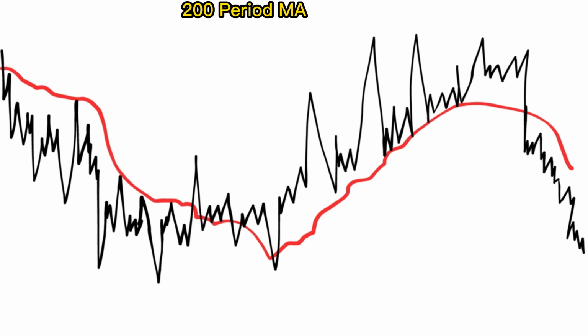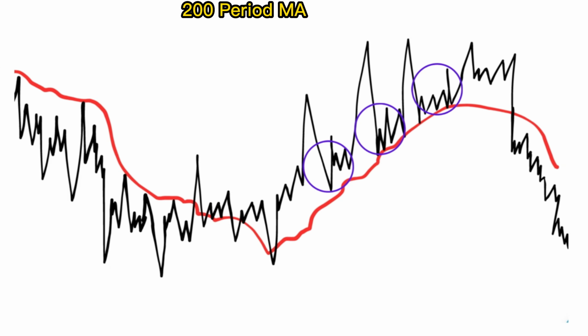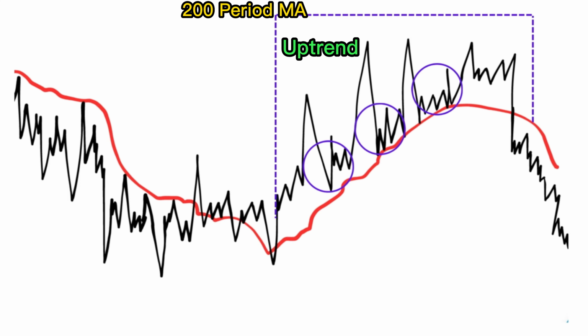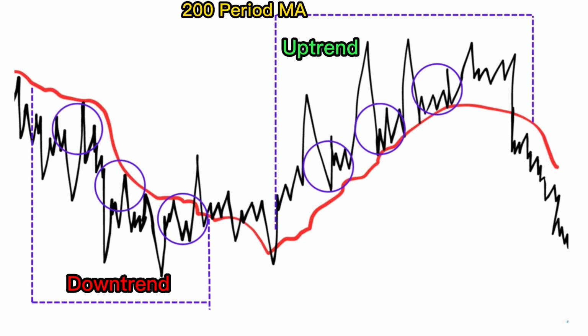Here I've taken a price chart with a 200 period moving average. This red line here is the moving average. As you can see, when the price is above the moving average, it signals an uptrend indicating a buy signal. And when the price moves below the moving average, it signals a downtrend indicating a sell signal.